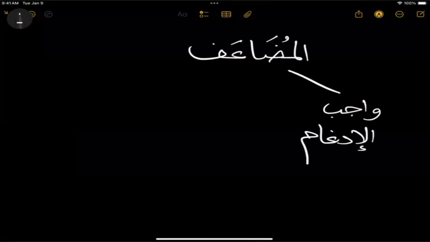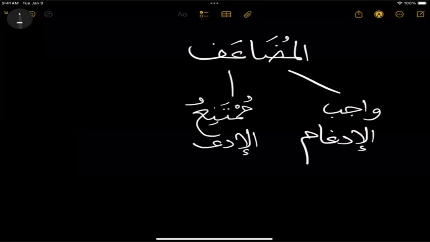Sometimes the idgham is wajibul idgham, meaning you must put those two like letters together. That's a necessary merger. Sometimes it is mumtani'ul idgham, where it's impossible to merge.